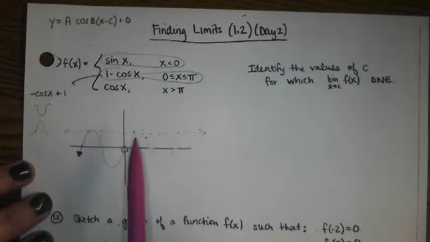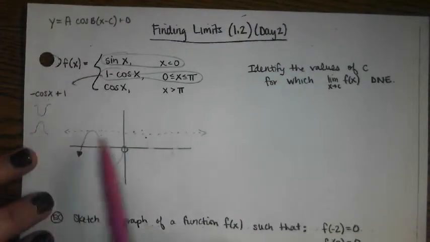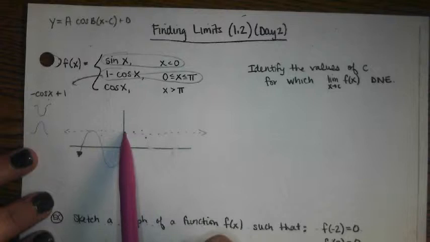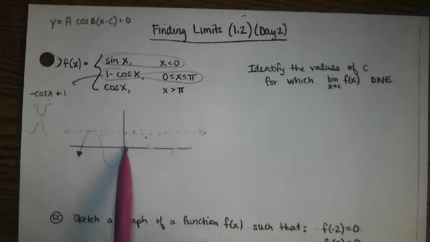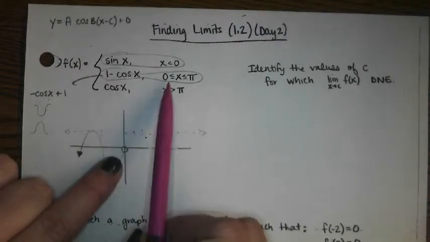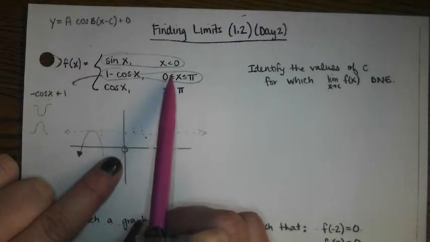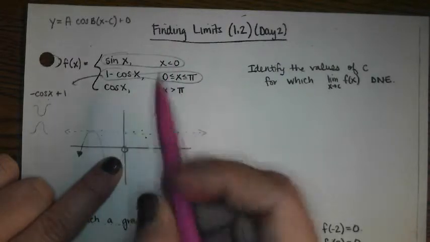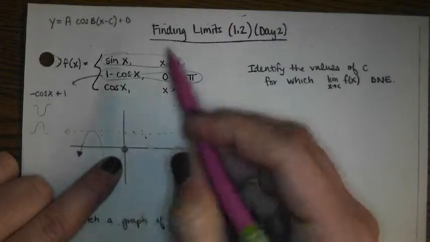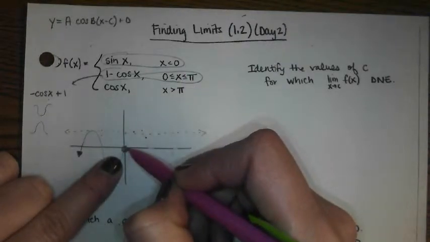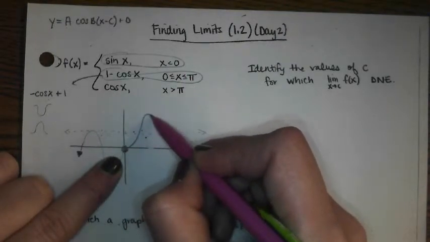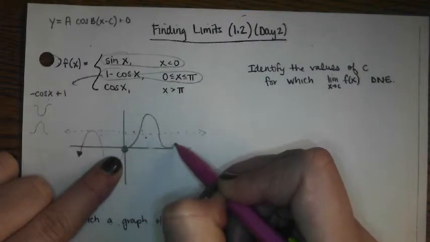So when it comes to starting at a minimum, it's going to be 1 unit below the midline, which is actually going to pick you up where the sine curve left off, right? And because it's a less than or equal to, with the 0 being less than or equal to x, we'd actually fill that circle. And then your negative cosine curve would look like that.